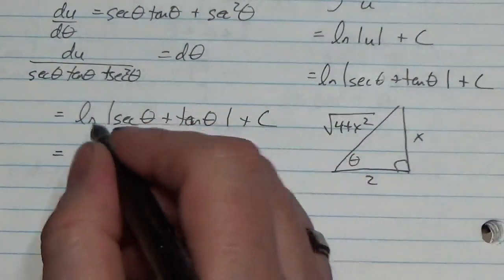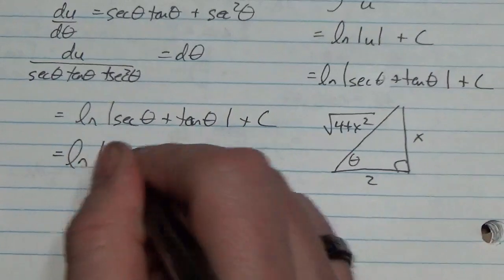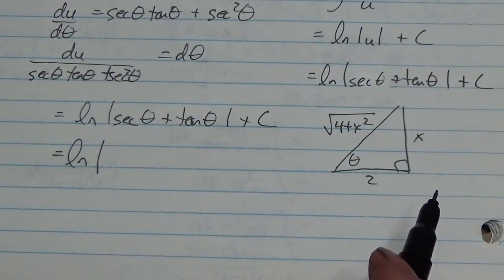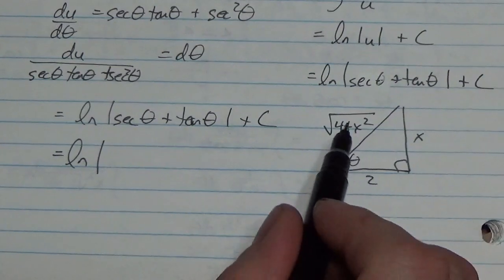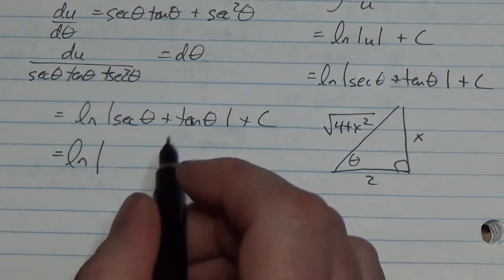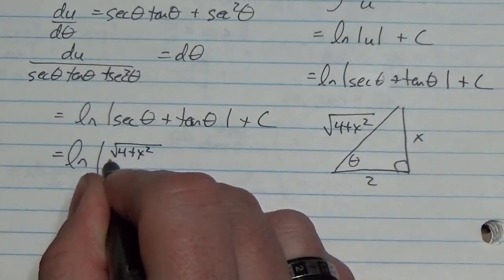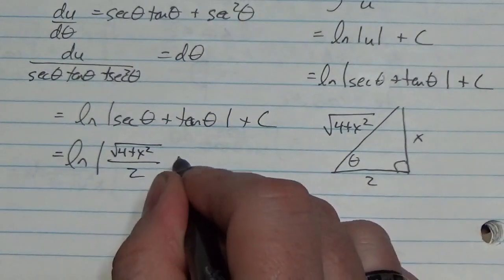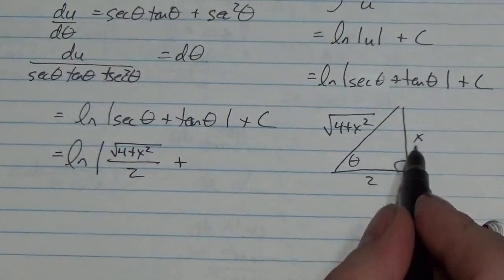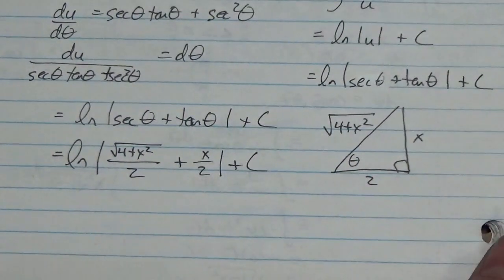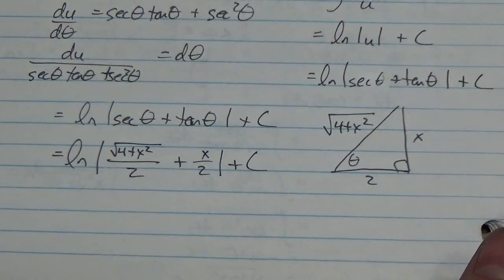So in my natural log, instead of secant, well, secant is the hypotenuse over the adjacent, so this is the square root of 4 plus x squared all over 2. And the tangent is x over 2, plus c.